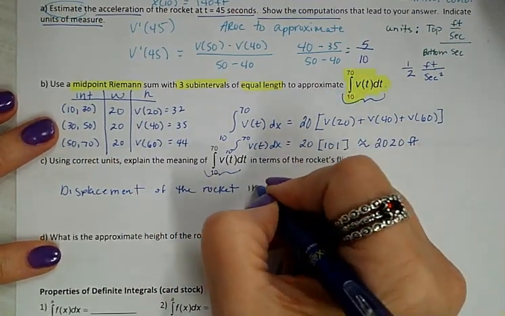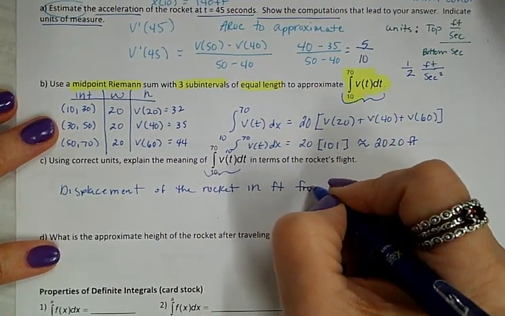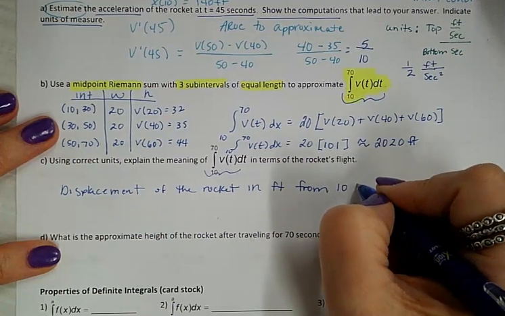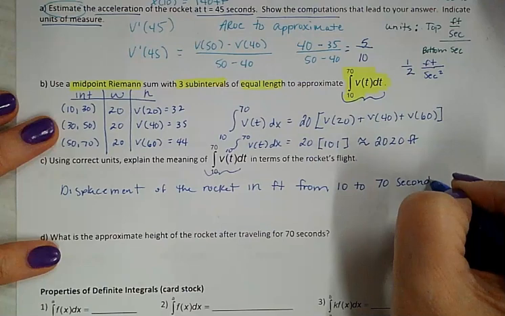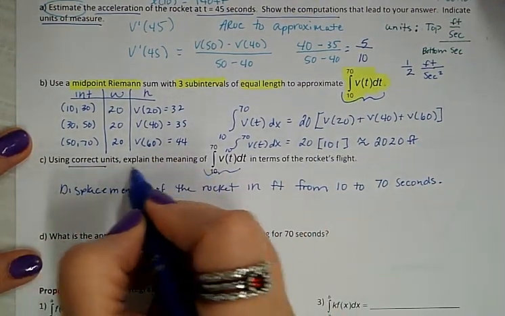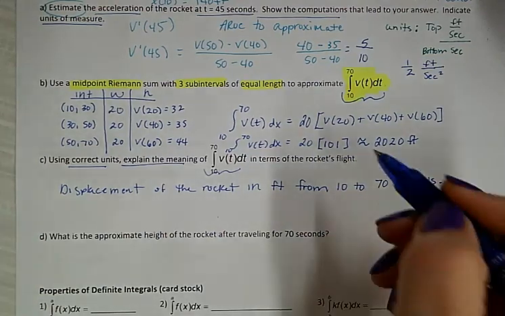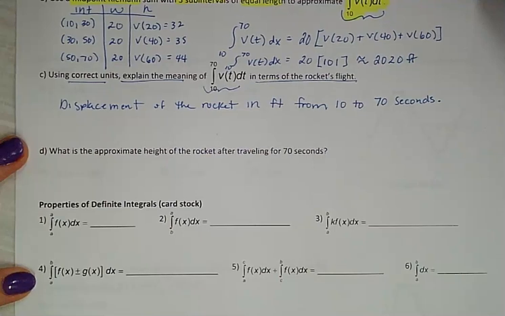In feet, from our boundaries, 10 to 70 seconds. So we're definitely going to be practicing using the correct units, explain the meaning of that, and notice it says in terms of the rocket's flight. So we have to be sure that our explanation does those things.